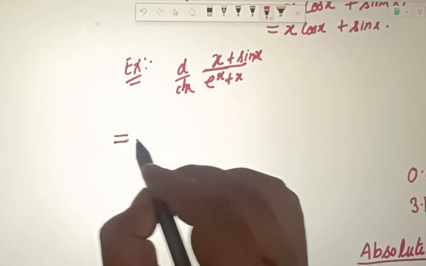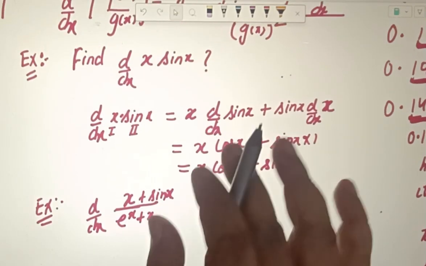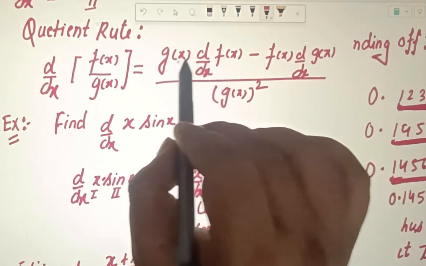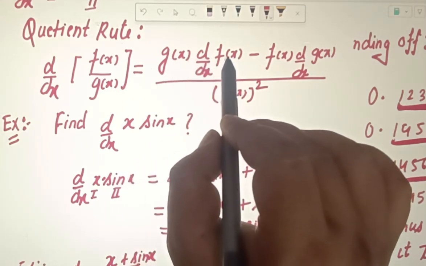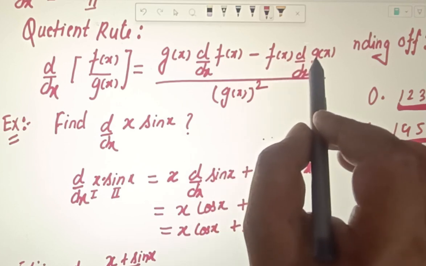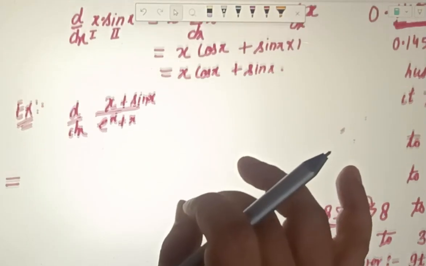As I have written the formula, first we write the denominator as it is, times the derivative of the numerator, minus the numerator as it is, times the derivative of the denominator, and then divided by the denominator squared.